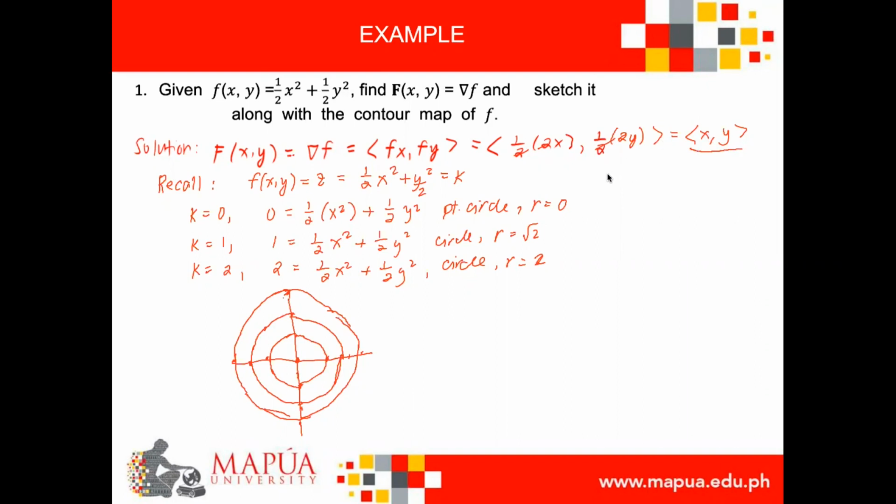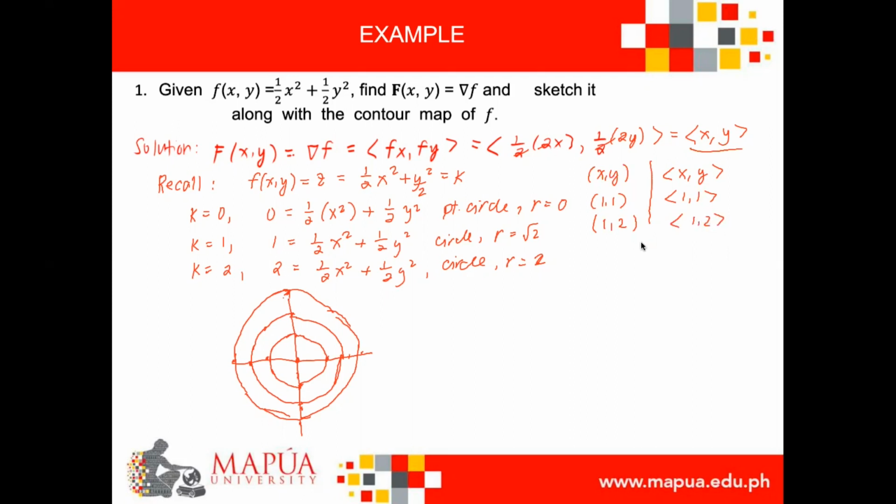So if we are to prepare a table of values of xy, this is your table of values of xy, and then you have the corresponding vector component of your vector field. If I choose 1, 1, the component of your vector field is also 1, 1. If I have a point, let's say 1, 2, then this will also have 1, 2.